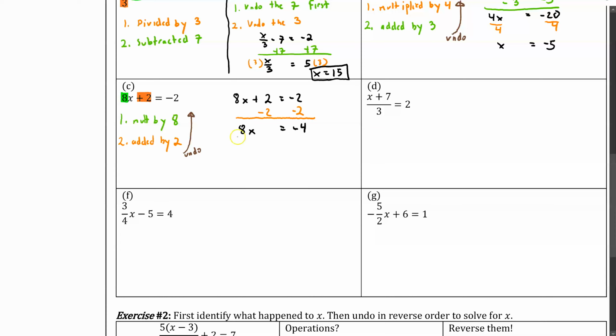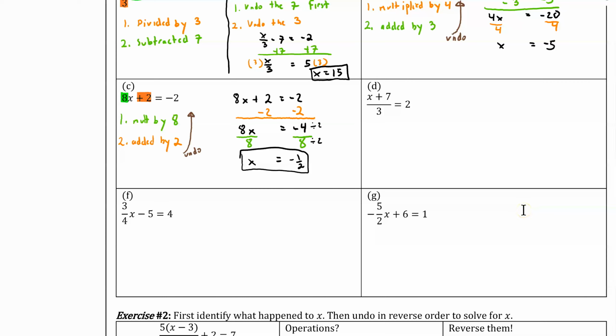And the way that we do that is we divide both sides by 8. On the left hand side, this gives us x. And on the right hand side, we have negative 4 over 8. But this will reduce to negative 1/2 because 2 will go into both numbers. And that's our solution to part C.